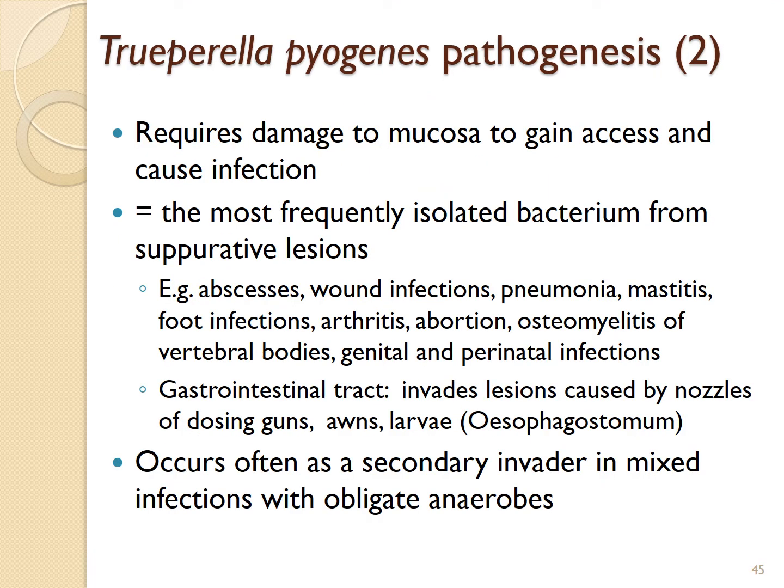Similar to Actinomyces bovis, T. pyogenes requires some form of damage to the mucosa to gain access to the submucosa and cause infection. Damage can be caused by trauma or viral or other bacterial infections. The bacteria can enter and survive in epithelial cells and macrophages.